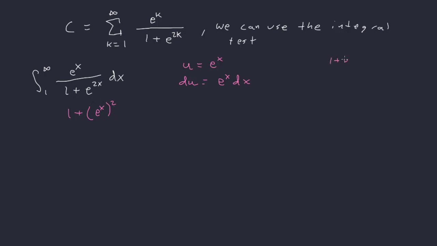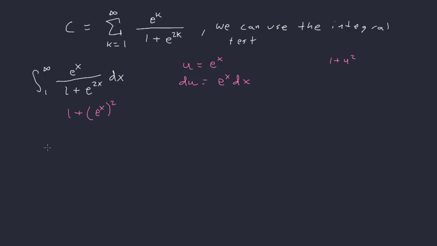That would be a 1 plus u squared. All right, so that should hopefully give us another tan inverse thing happening. So yeah, we'll need to do an actual U substitution here.